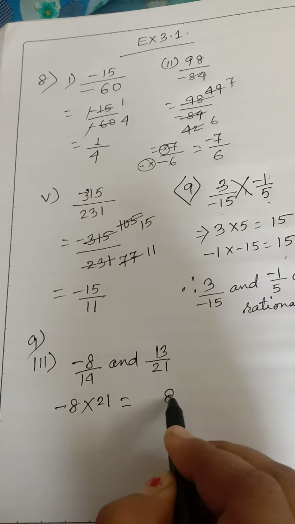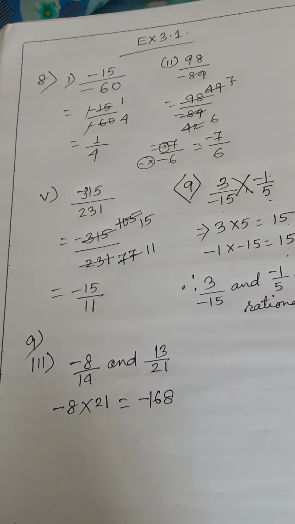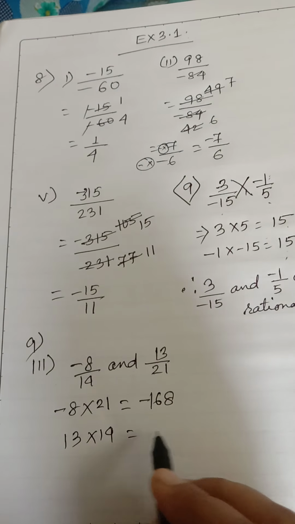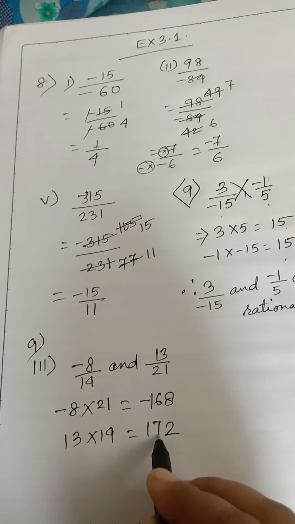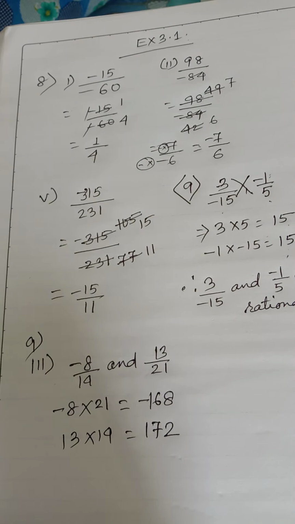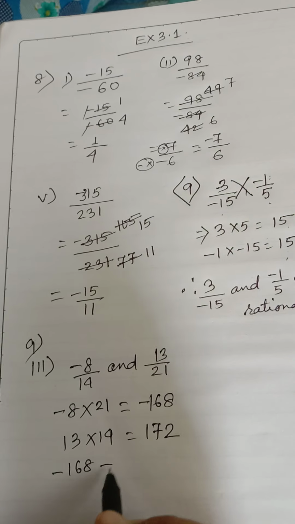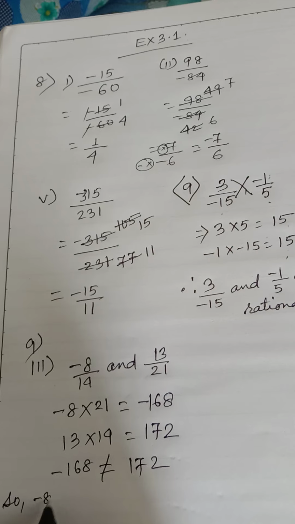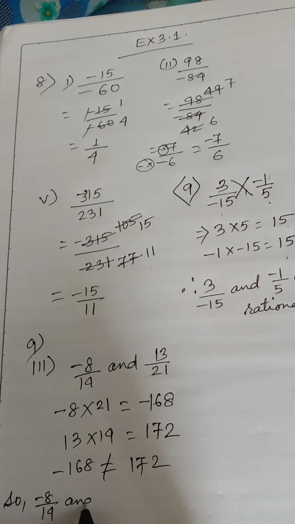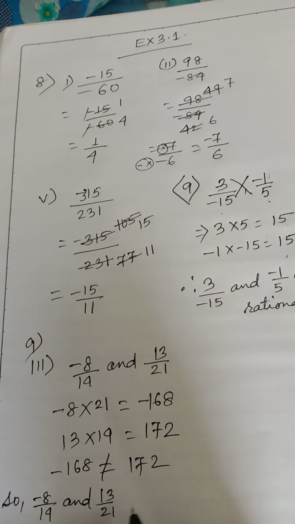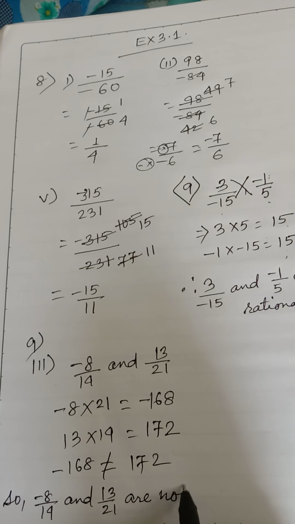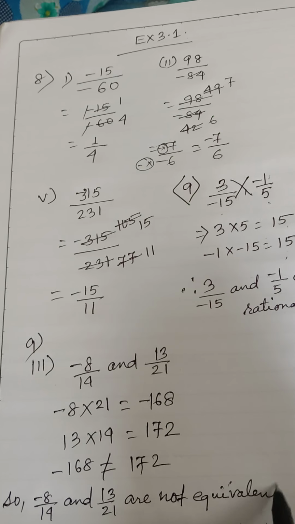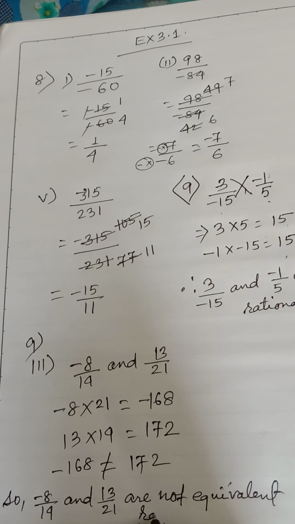That gives you minus 168 and 13 into 14, 182. So they are not equal, na? Minus 168 is not equal to 182. So we'll write minus 8 by 14 and 13 by 21 are not equivalent rational numbers.